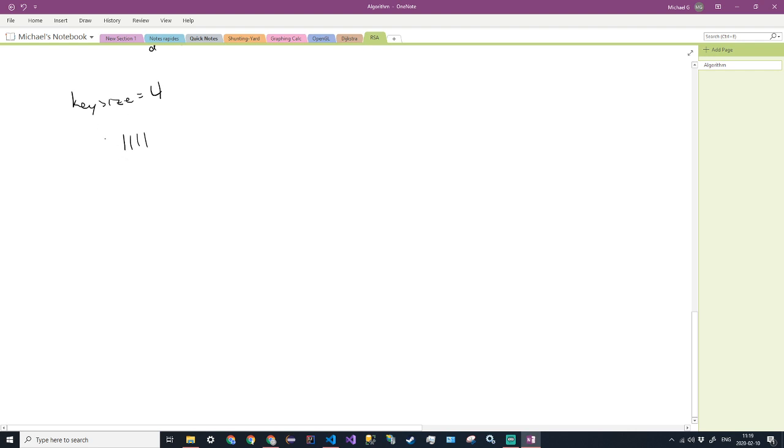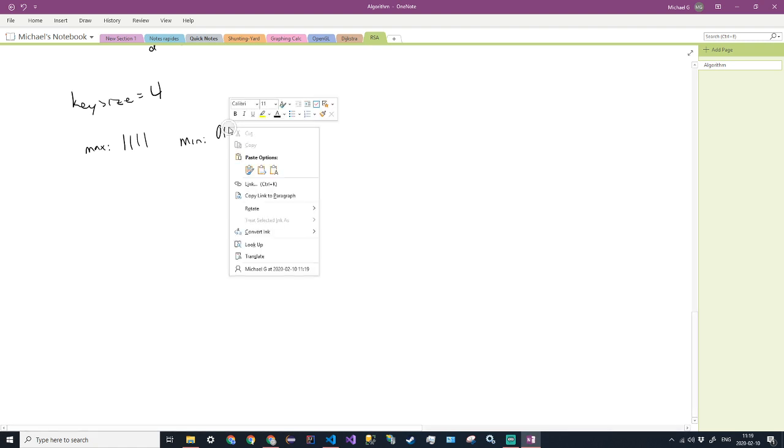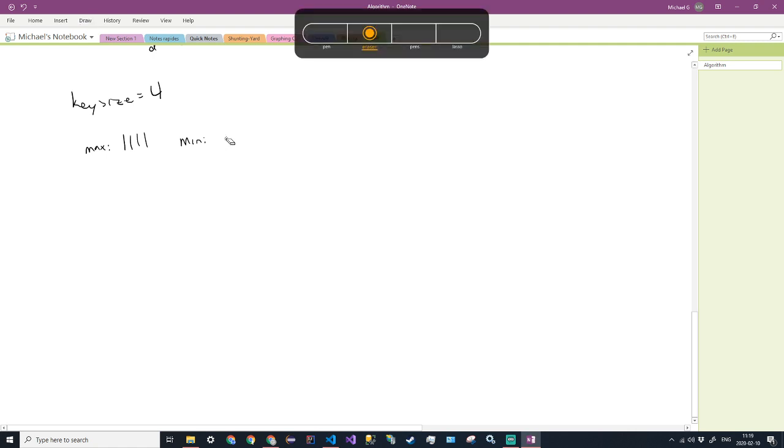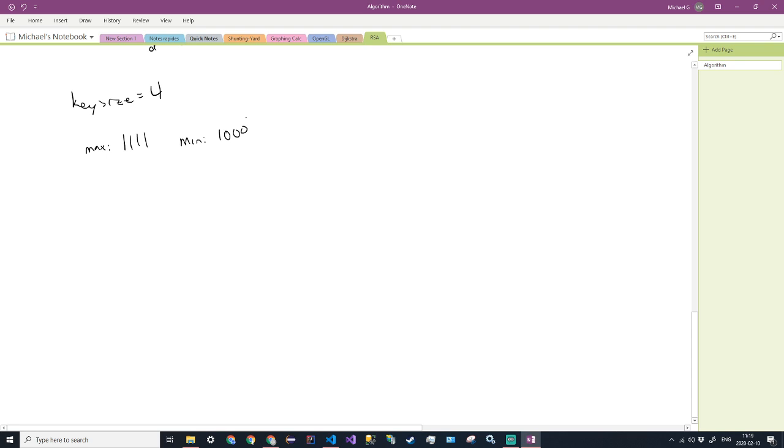So that'll be the maximum size. And the minimum would be, wait, minimum would be 1, 0, 0, 0, just like that, because the key size must be of that size. It can't be less, it can't be greater.